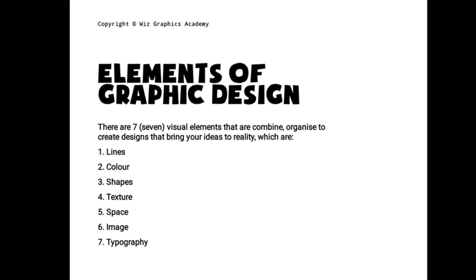The first one is line, the second one is color, the third one is shapes, the fourth one is texture, the fifth one is space, the sixth one is image, and the seventh one is typography.